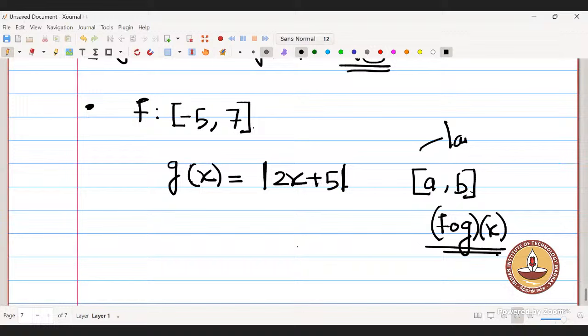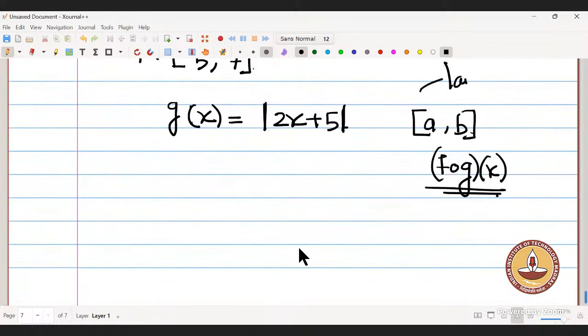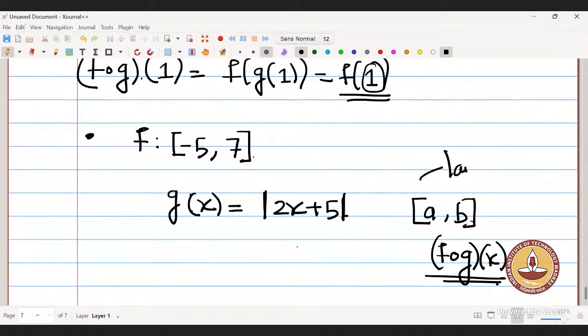Correct. As I said, when can you define this composition? It's already given that f is a function with domain -5, 7.